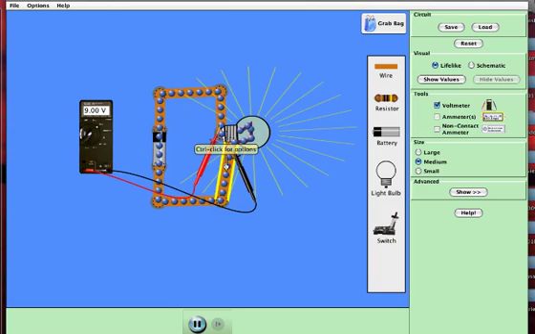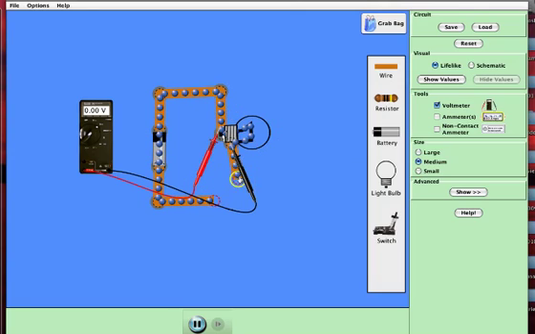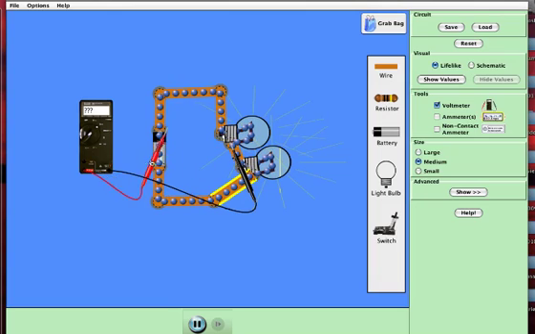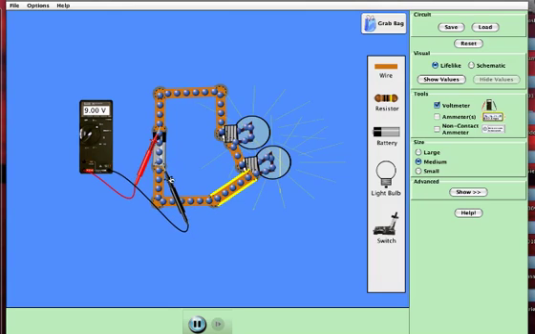Now, let me just split this junction here. I'm going to add a second light bulb and spin you around. So now I have 2 light bulbs. If you notice right now, each light bulb is a little bit dimmer. Kind of hard to tell right now, but they're a little bit dimmer. So, the battery is still supplying 9 volts of energy.